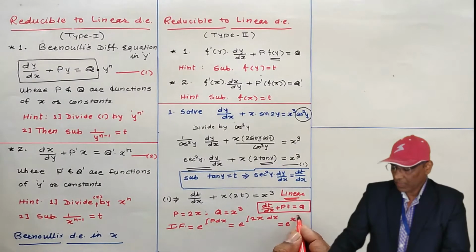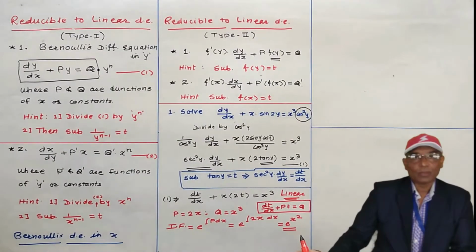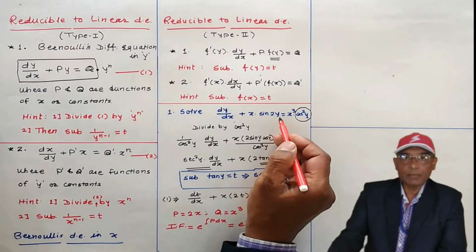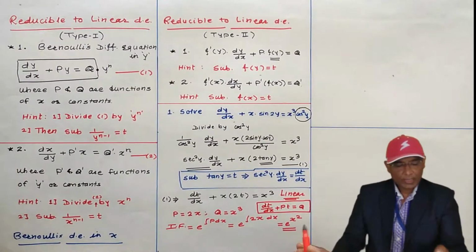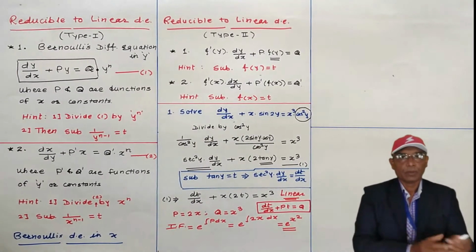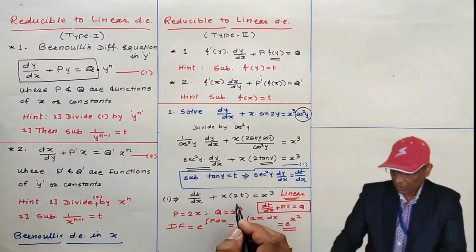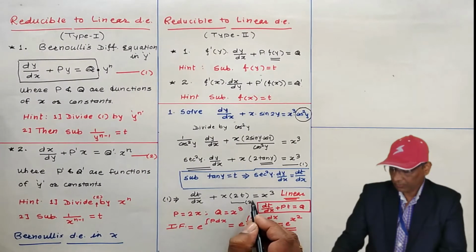So e to the power x square is the integrating factor. In an online examination, only the integrating factor may be asked. This you may be given, and this will be asked as an MCQ. So once you get the integrating factor, you can solve the differential equation. This equation is equation 2.